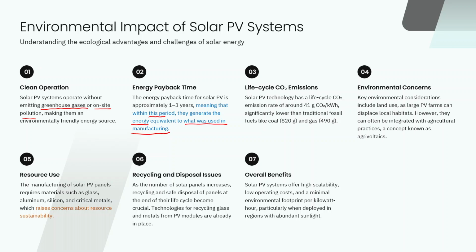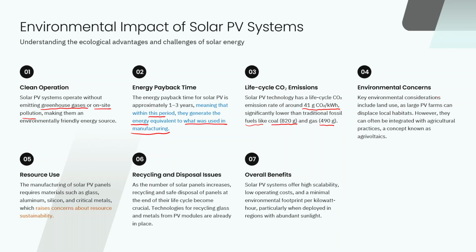And the life cycle CO2 emission is about 41 grams CO2 per kilowatt hour, which is significantly lower compared to traditional fossil fuel based technologies like coal, which is about 820 grams CO2 per kilowatt hour, and gas, which has 490 grams CO2 per kilowatt hour. So it is very low compared to the traditional fossil fuel based technologies.